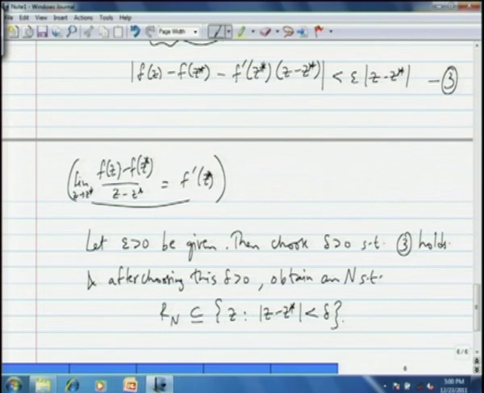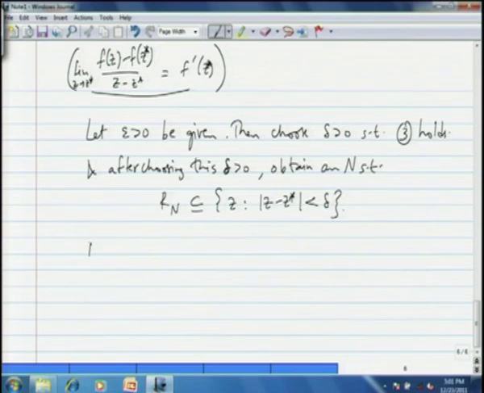Okay. We saw that given any positive delta, this can be done. So, now after choosing this delta, we can get such a containment, such a natural number.